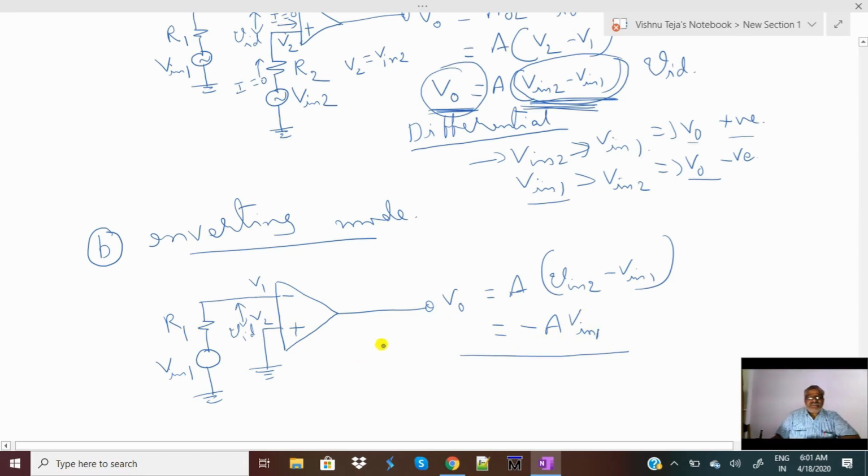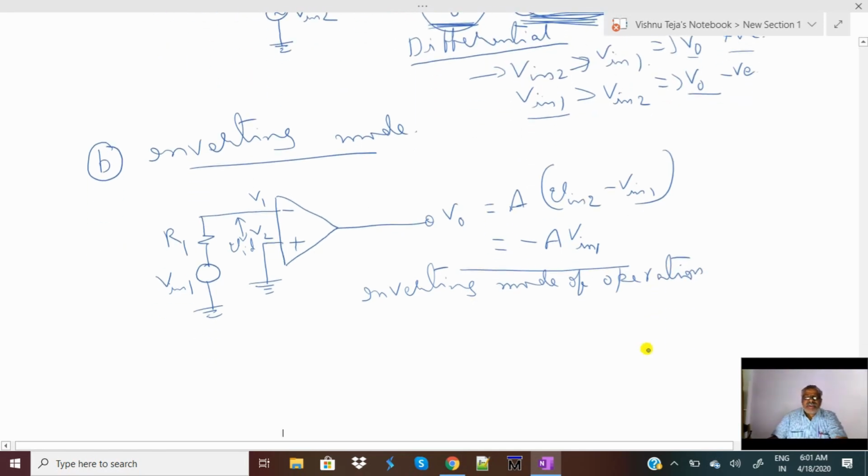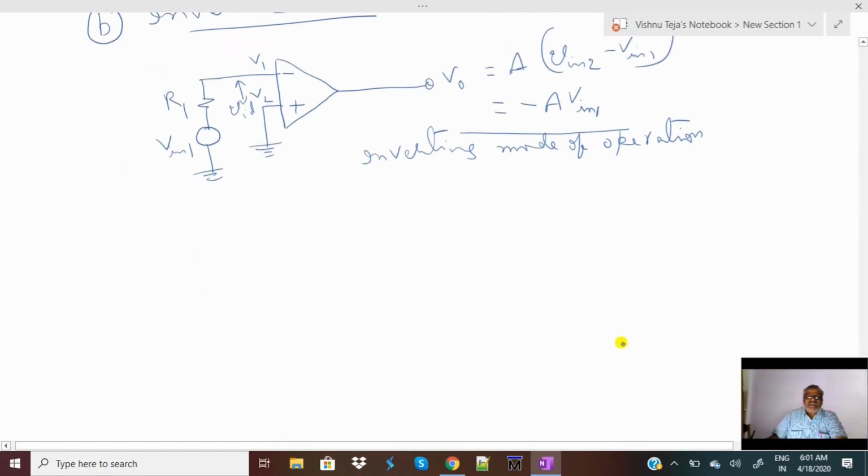This mode of operation, or this configuration, is called the inverting mode of operation, or simply the inverting configuration, or simply the inverting amplifier.